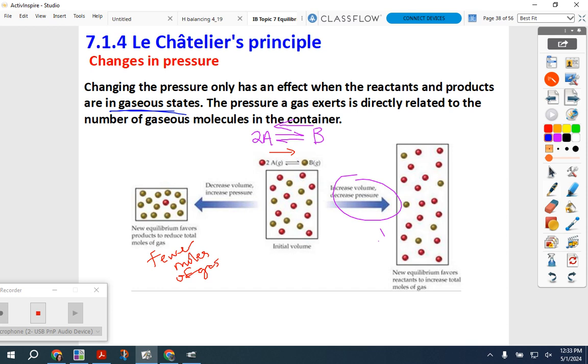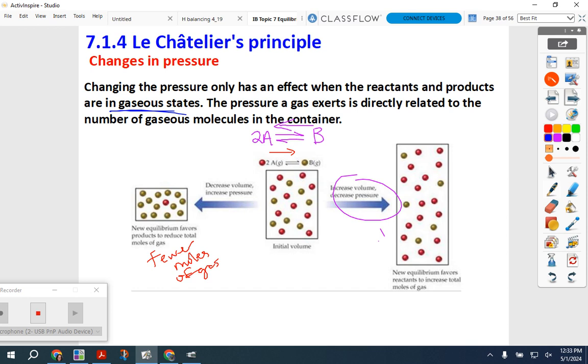Because when we're talking about the amount of a gas, we're not talking so much about the volume that a particle takes up, but how much space it's moving around in. That's what the pressure is, the collisions against the sides of the container. So if we're going to have more collisions in this higher pressure state, the system's going to react to try to reduce that. It's going to do that by driving the reaction in the direction of fewer moles of gas.